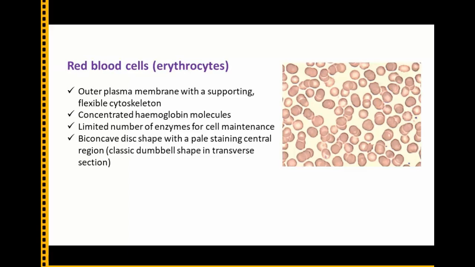If it is small, we call it microcytosis. If it is large, we say macrocytosis. If it is paler staining, we say hypochromia. Likewise, we can diagnose some clinical conditions according to the appearance of the red blood cells in the peripheral blood film.